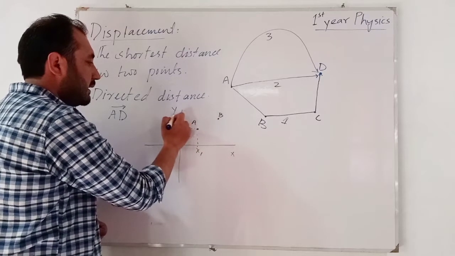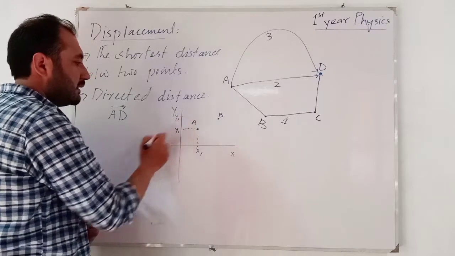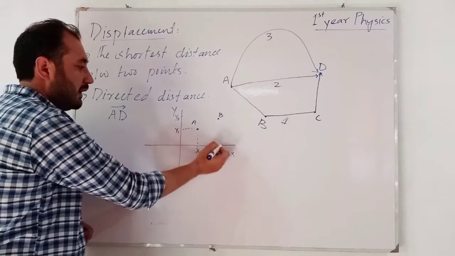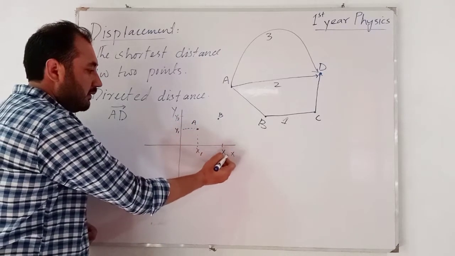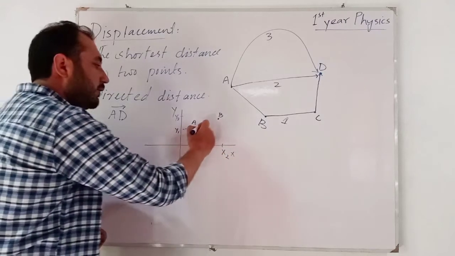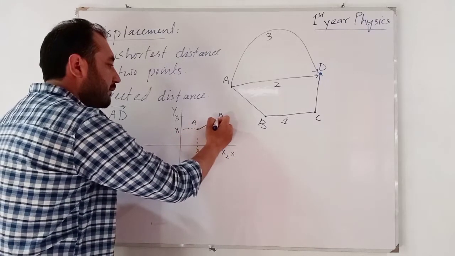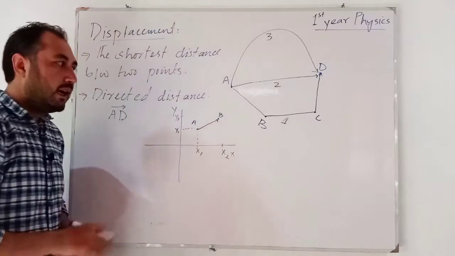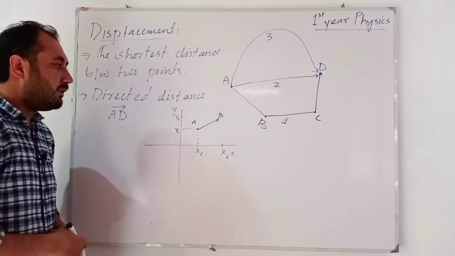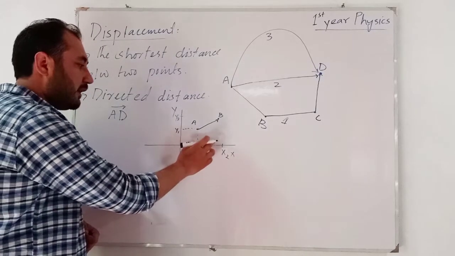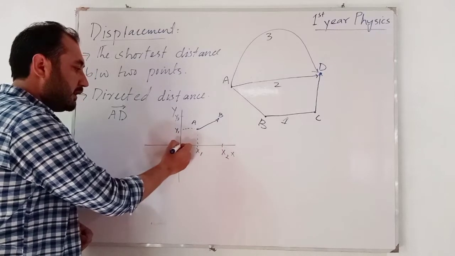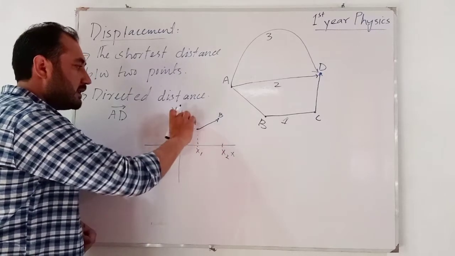Similarly over here, it has a coordinate along the y-axis, let's call that y2, and along the x-axis that will be x2, right? In order to find the directed distance between two such points on a Cartesian coordinate system, we have to find the difference between these two coordinates along the x-axis and y-axis, right?